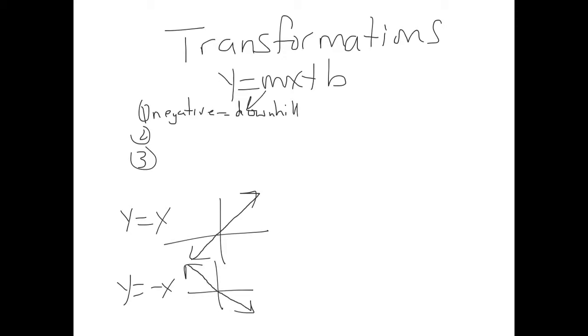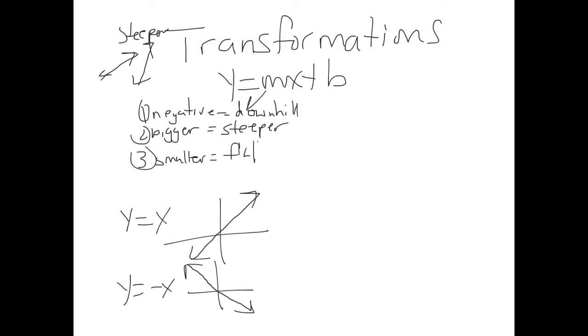Okay. Number two, if we make it a bigger number, that makes the graph steeper. And when we say steeper, if this is a line, then this line is steeper. Okay. And then the last thing is if we make it smaller, that line would be flatter. So flatter would be if this is our line, flatter is going to be closer to 0, flatter like that.